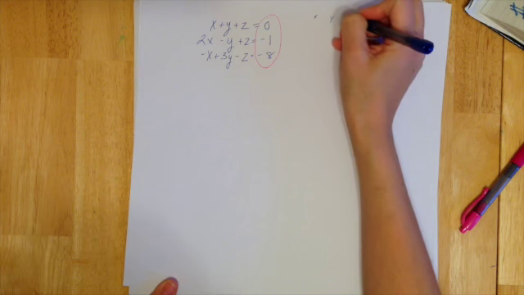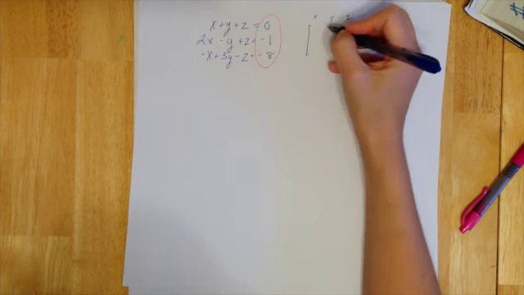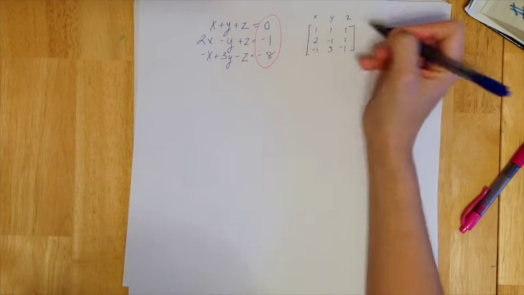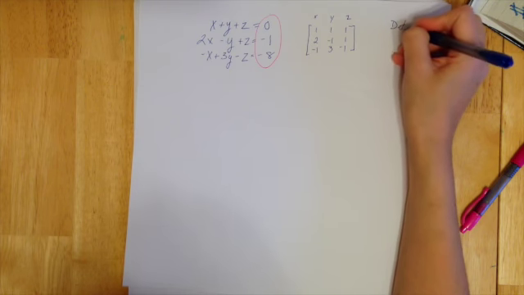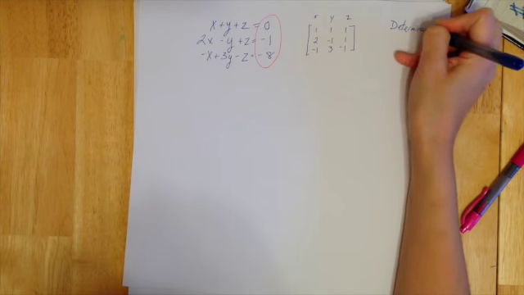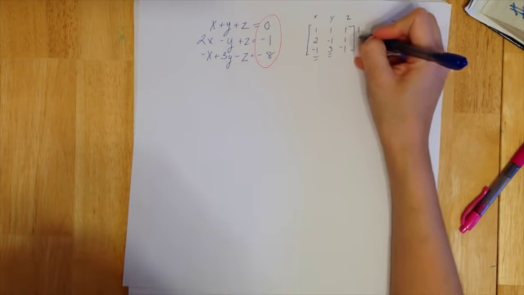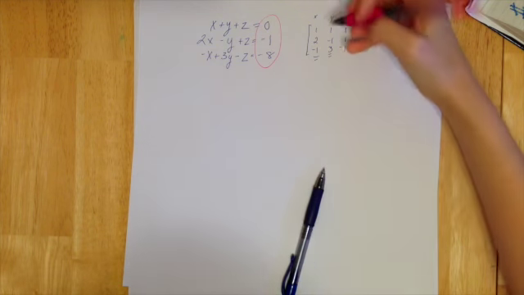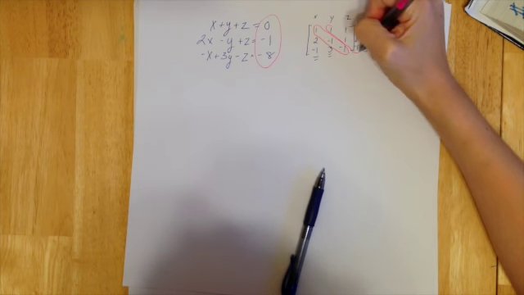Our original matrix x, y, z comes from our coefficients 1, 1, 1, 2, negative 1, 1, negative 1, 3, negative 1. So as with before, we want our D, our determinant. So we'll rewrite the first two on the outside. 1, 2, 1. Okay, so ADs are 3 diagonals.